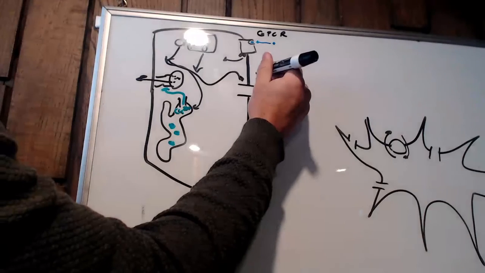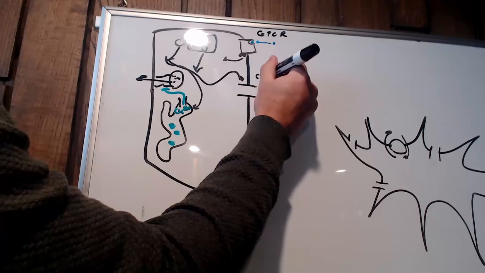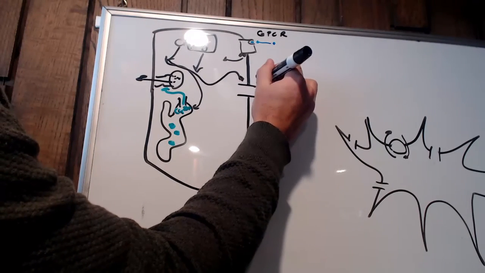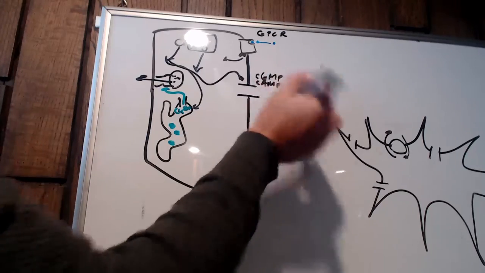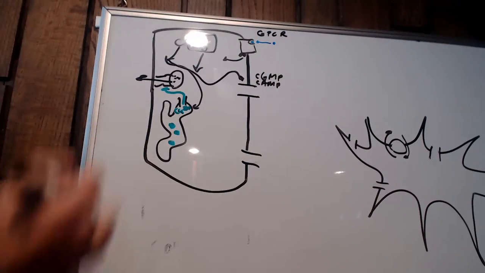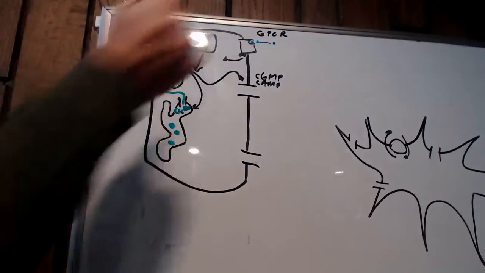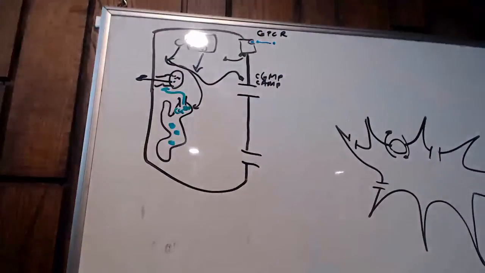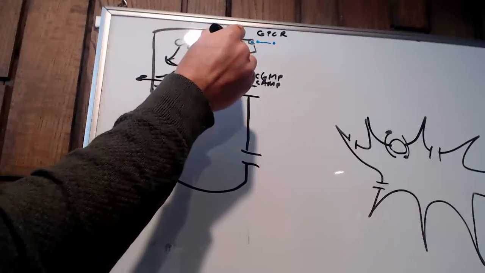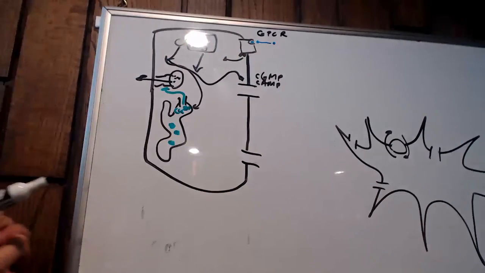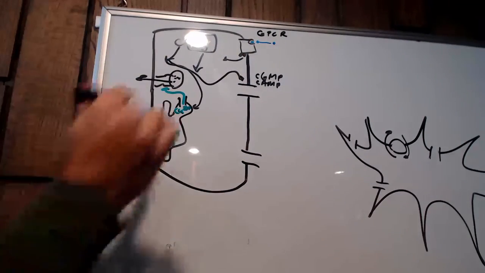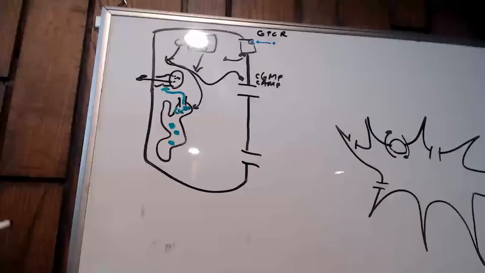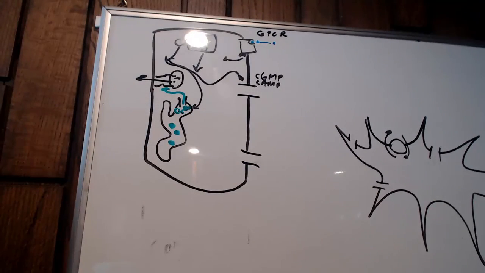Generally, this would be involving some sort of cyclic GMP or cyclic AMP to keep that channel open. So that is what the alpha unit or the beta gamma units can actually do. Generally, it's not the GPCR itself that's doing something. It's having these two subunits, the alpha and beta, dissociate to go and do something: release calcium stores or open up a cyclic GMP or cyclic AMP channel.